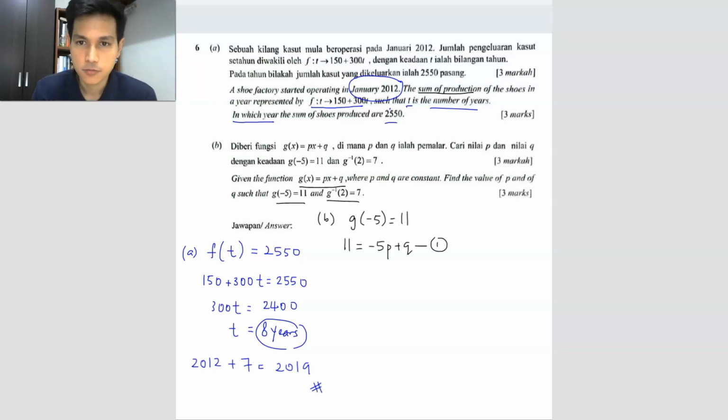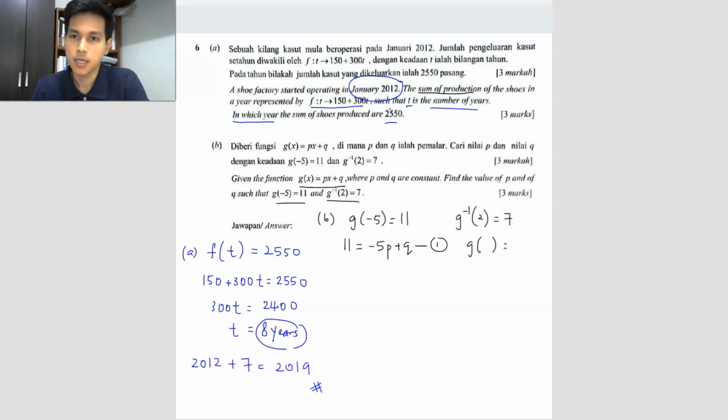The second equation, if you notice, is g inverse, so it's the inverse of g, the inverse function of g, equals 7. So what you can do is change this from an inverse function into a forward function. How? When you change from inverse to forward, you have to switch these two.